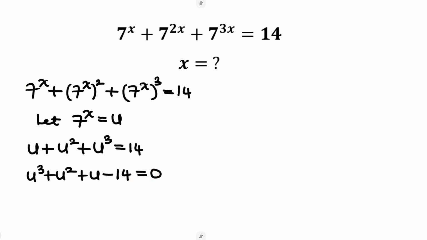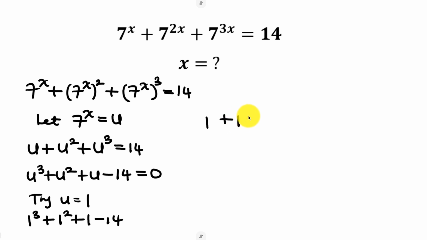Now we're going to be testing for values of u that will make the left hand side to be 0. So let's try u equal to 1. So trying u equal to 1, we have 1 cubed plus 1 squared plus 1 minus 14. 1 cubed is 1 plus 1 squared is also 1 plus 1 minus 14.